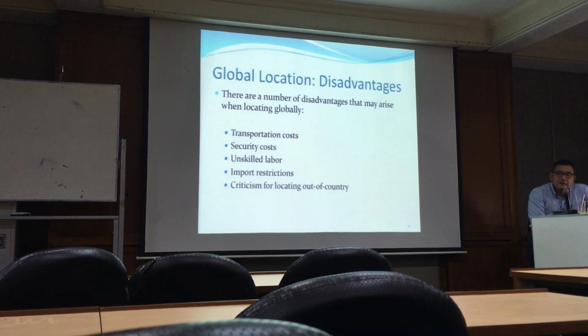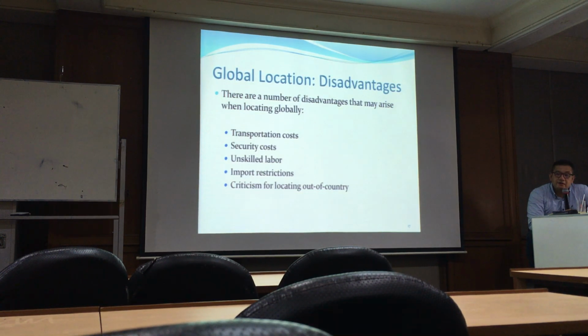So you might have to take several routes or use several transportation modes to access that place. For example, you might select the location as your raw material place. It might be far from the urban area, so you might incur more transportation cost and security cost as well.